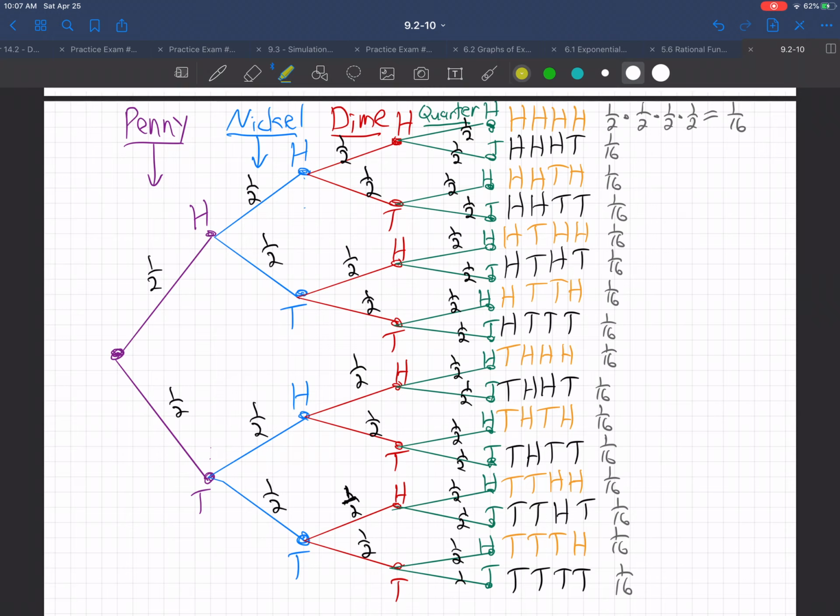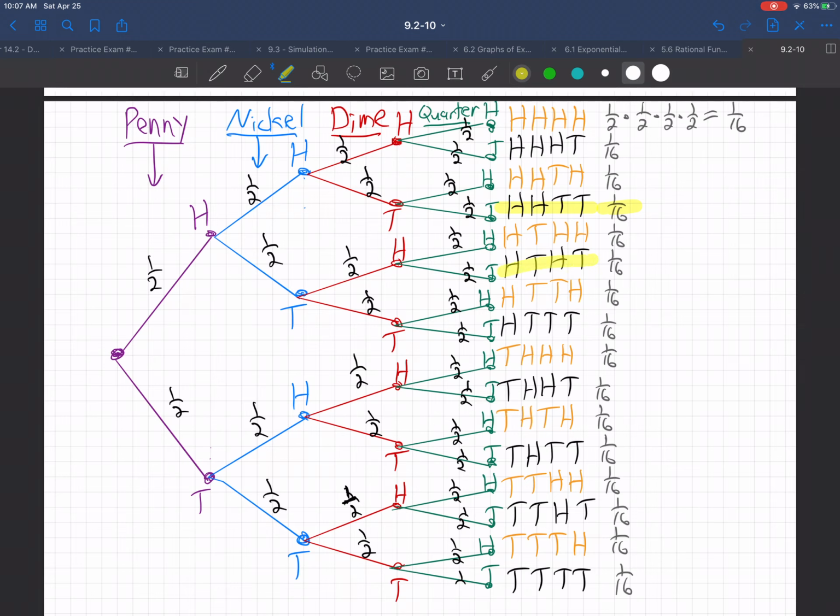So here we go. Does this have 2, 1, or 0 heads? No, that is 4. Does this have 2, 1, or 0? No, it has 3. Does this? No, it has 3. Does this? Yeah, it's got 2. So there we go. 2 heads, 1/16.